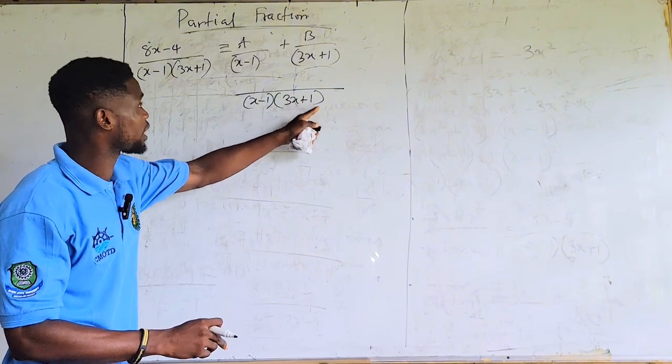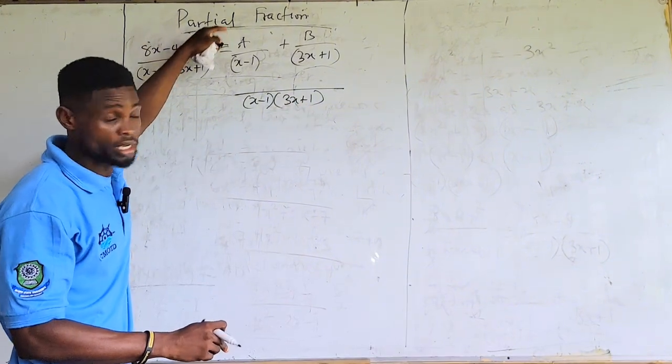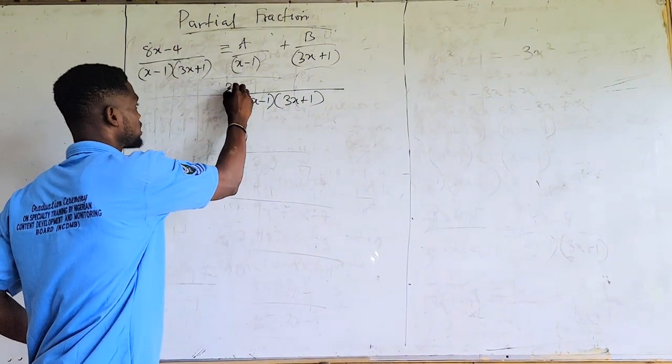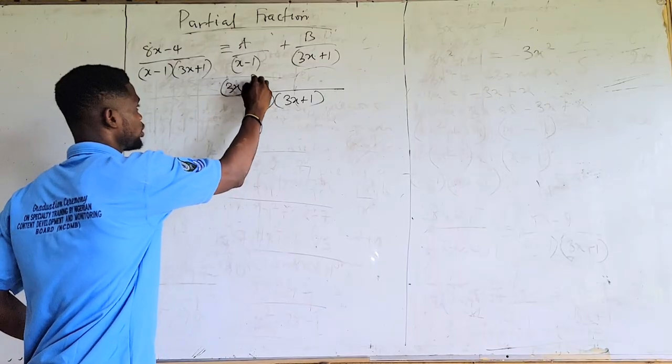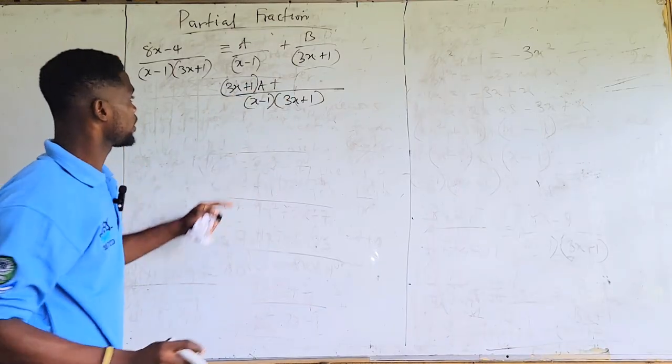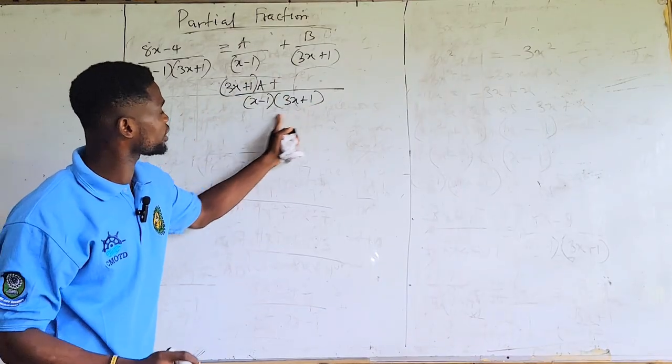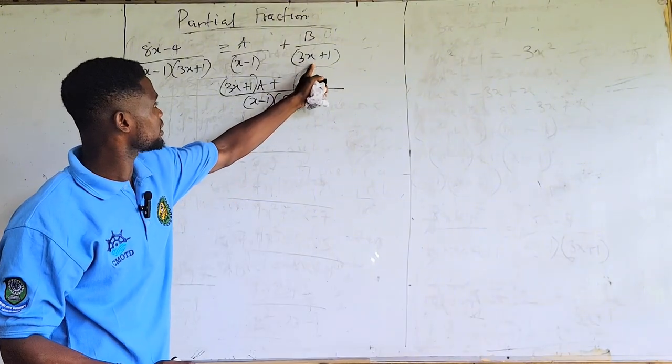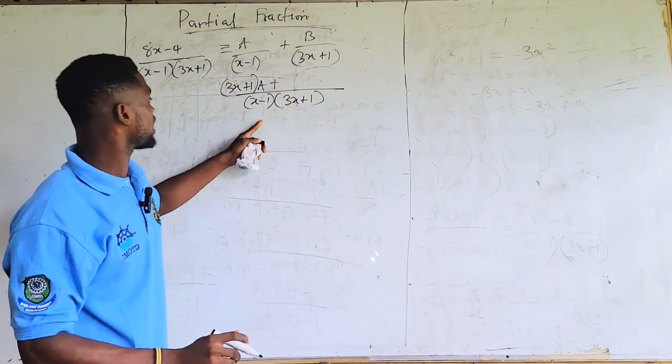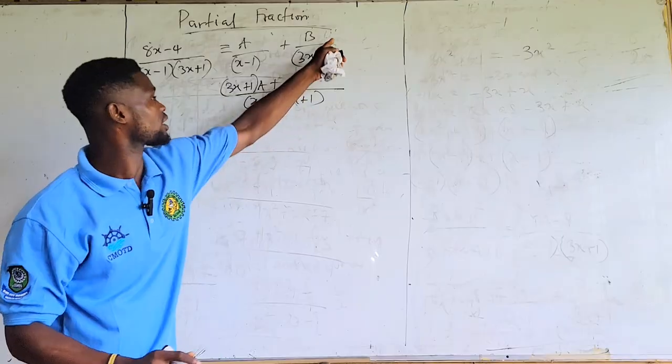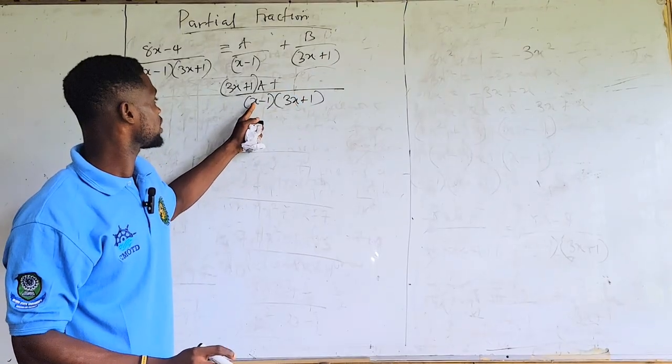So 3x plus 1 multiplied by the numerator a, we have 3x plus 1 multiplied by a, plus, if this denominator here is also divided by this 3x plus 1, discover that 3x plus 1 will cancel. What will be left is x minus 1.